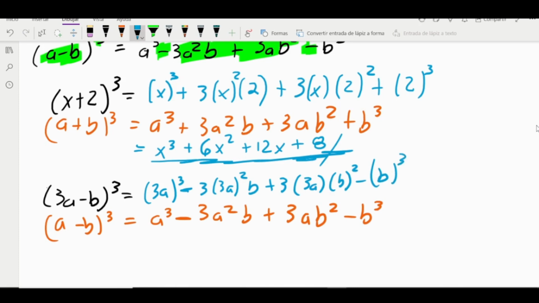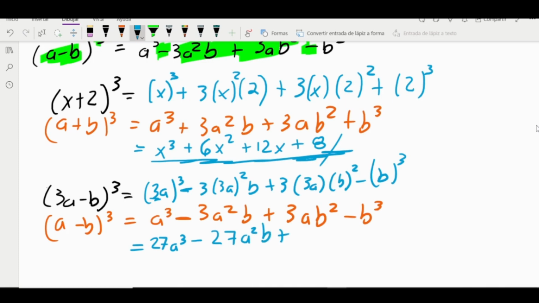If we continue with the formula, 3a cubed is 3 times 3 times 3, which is 27, so 27a cubed. Minus 3 times 3a squared: 3a times 3a is 9a squared, times minus 3 is 27, so 27a squared times b.